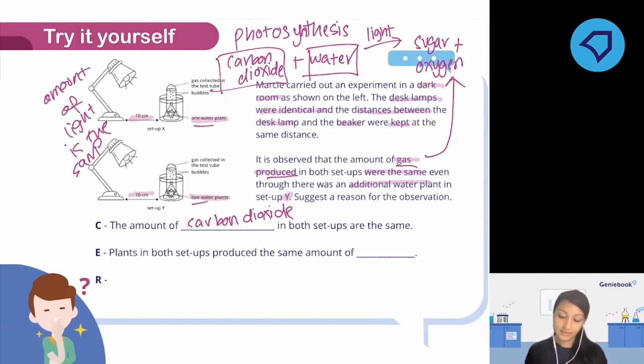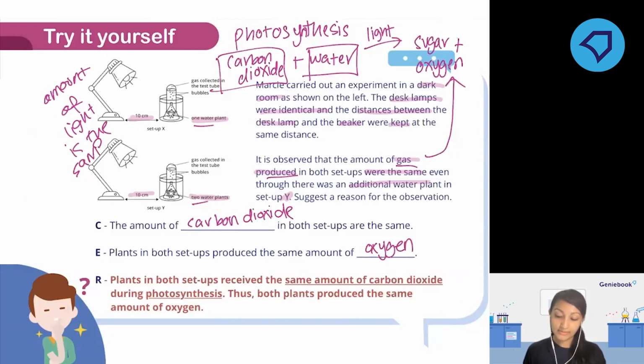That's the claim, okay? And the evidence is because at the end of the experiment, you notice that plants in both setups produce the same amount of oxygen. So when you bring in the reasoning, okay, you have to talk about the process of photosynthesis itself. How does that lead to the same amount of oxygen?